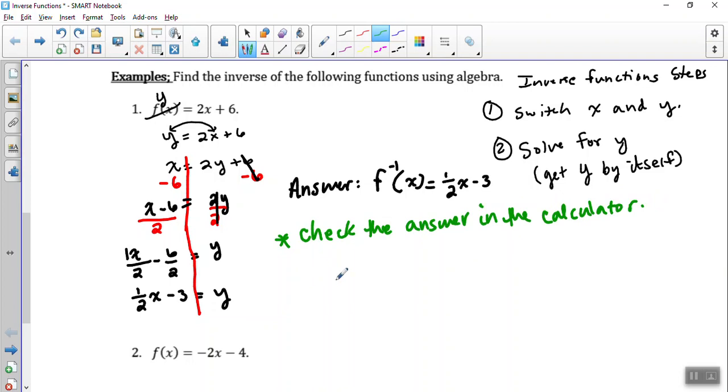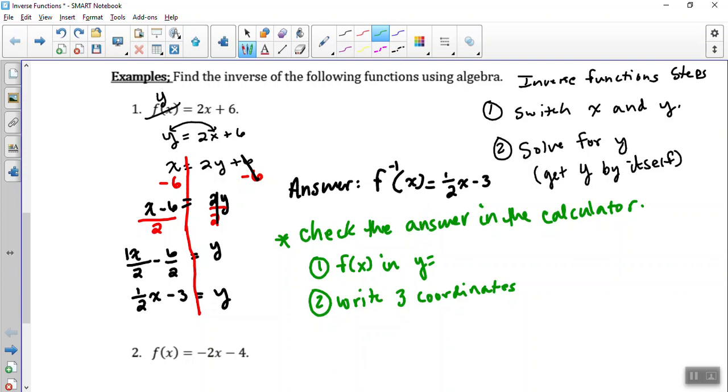So what I'm going to do is, my first step is to put f of x in the calculator, y equals in the calculator. And then my second step would be to write 3 coordinates. Because eventually what I'm going to do is I'm going to look at these coordinates, and then see if my inverse function, when I plug this in the calculator, the coordinates get switched.